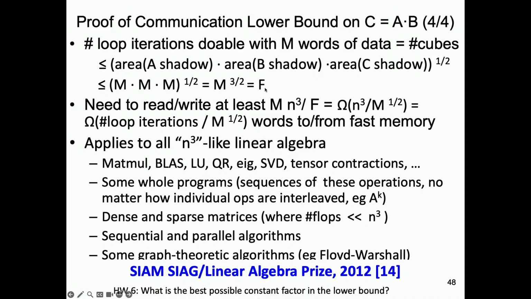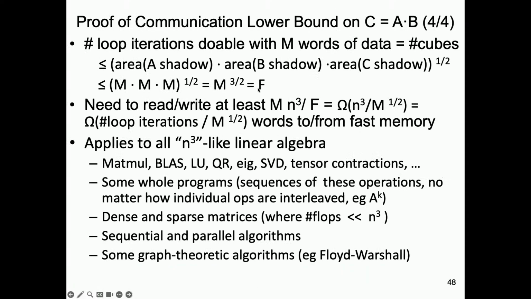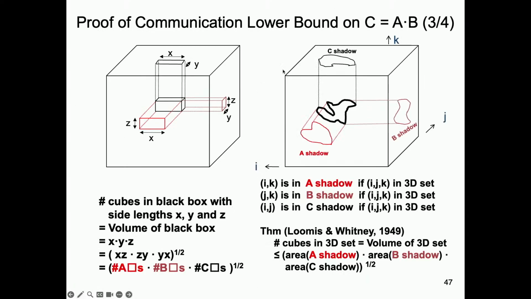Didn't we define f as the most work we can do with bounded memory? Yes, and that came from saying I want to bound the volume of that set. That's the useful work, the number of cubes in that set. And I'm going to be limited by Loomis-Whitney by this formula, which is the square root of the number of entries of A times the number of entries of B times the number of entries of C. F is the volume of that blob, whatever it is, and that's bounded by the product of the shadows.